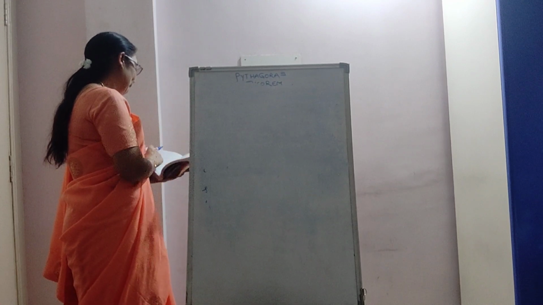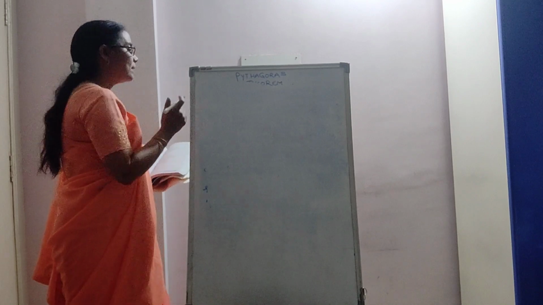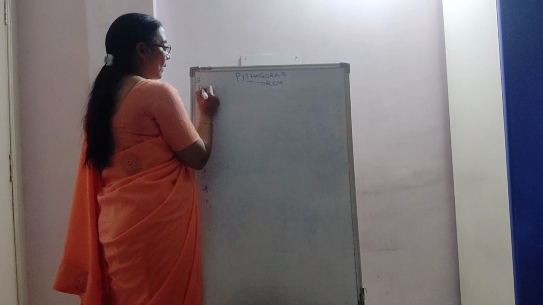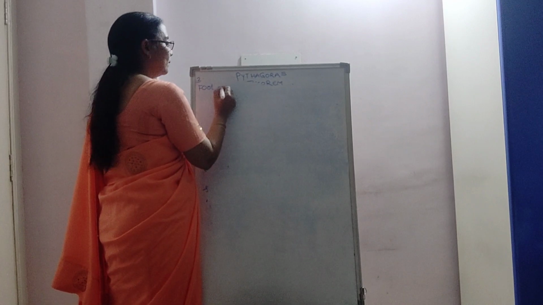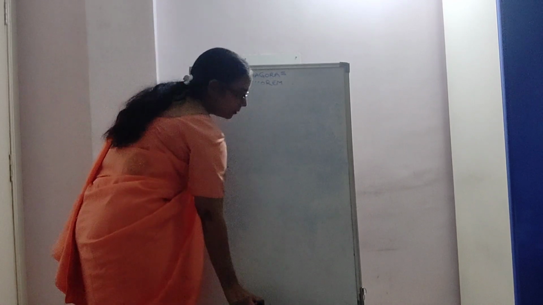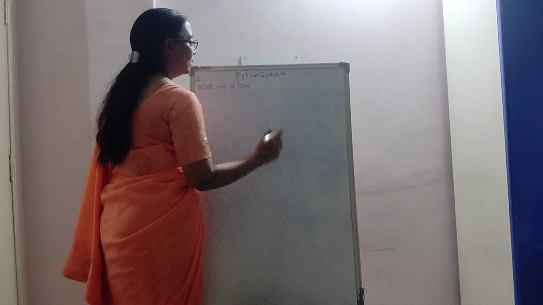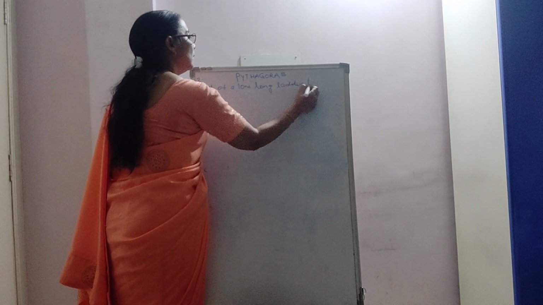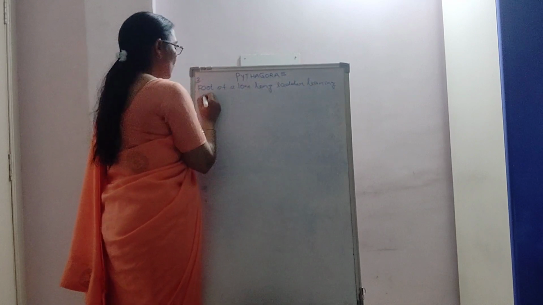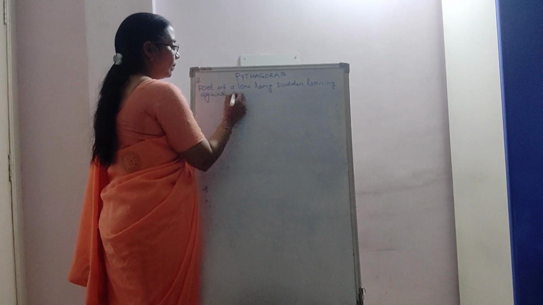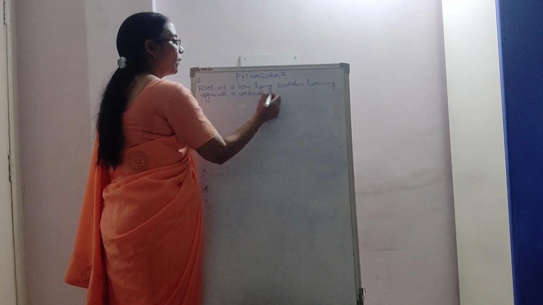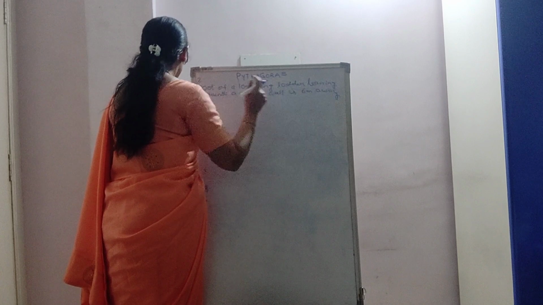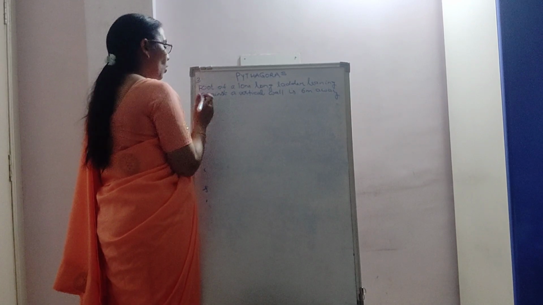He says the foot of a 10-meter long ladder leaning against a vertical wall is 6 meters away from the base of the wall.